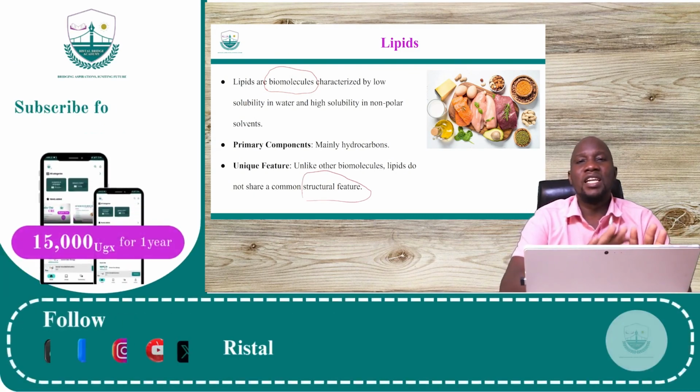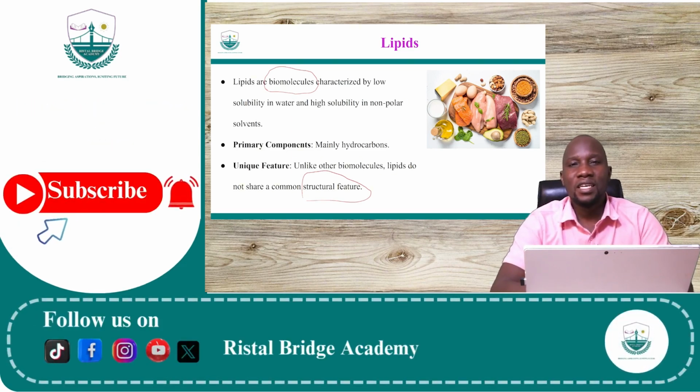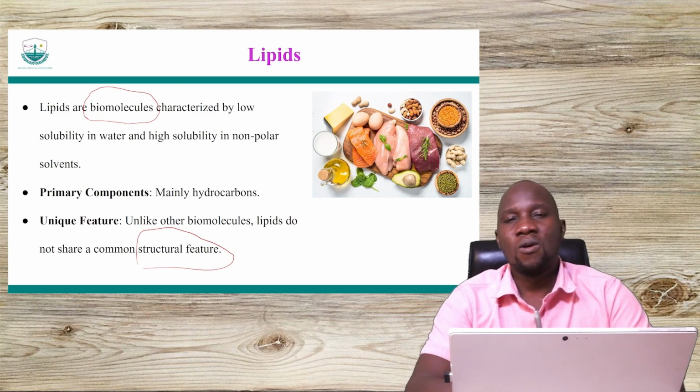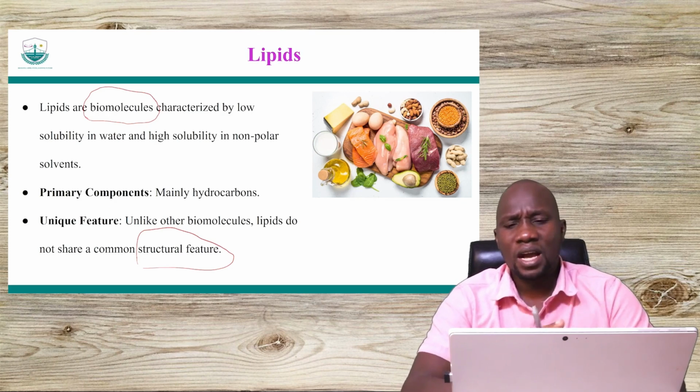So that means that lipids are diverse. We have very many types of lipids, depending on whether they are simple compounds, or whether they are complex, very long, with other compounds being added to them. So there are actually many.